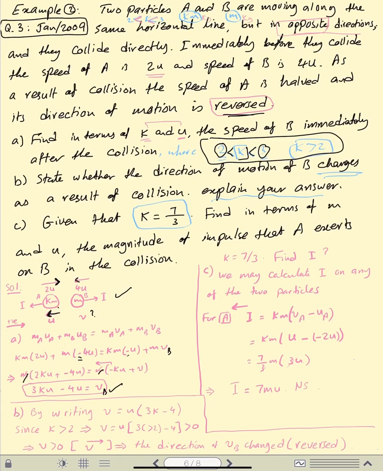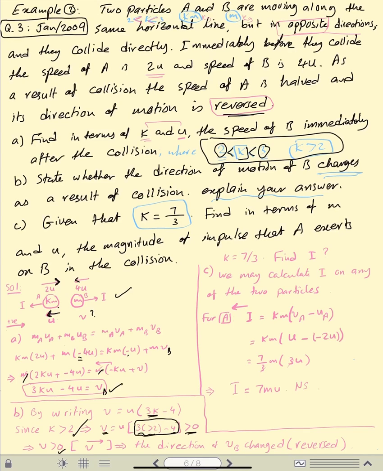Since he told us in the question k is greater than 2, 3 times a number greater than 2 will be greater than 6. Minus 4, so the value here will be positive, because 6 minus 4 is positive. So this means that V is positive, V greater than 0.